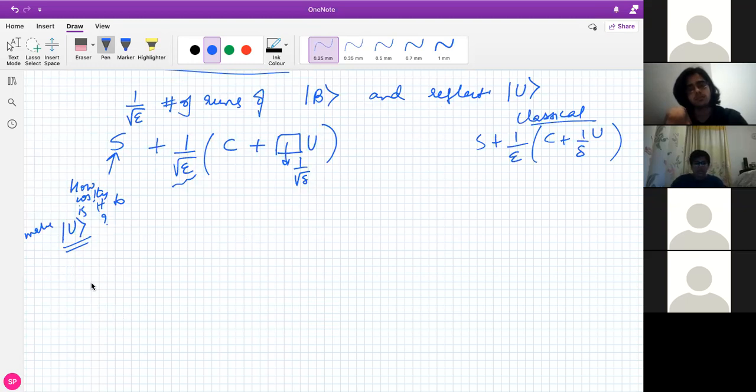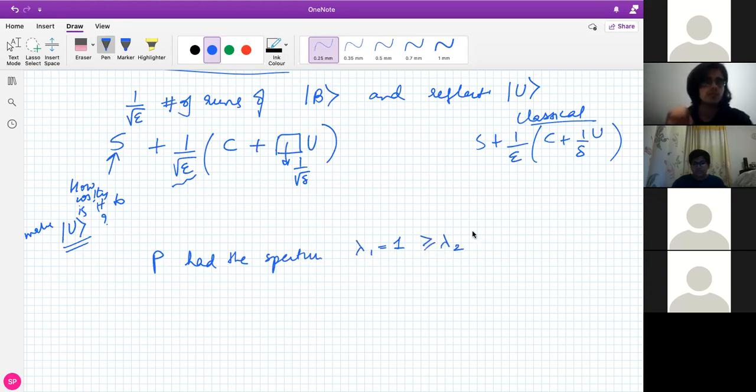If you recall, P had a certain property of its spectrum: lambda 1 equals 1, which is greater than or equal to lambda 2, through lambda n, and all our lambda i's for i greater than or equal to 2 belonged to this range, up to 1.